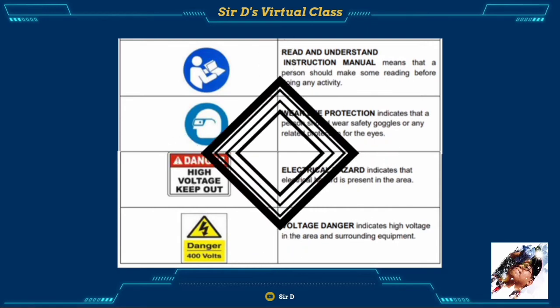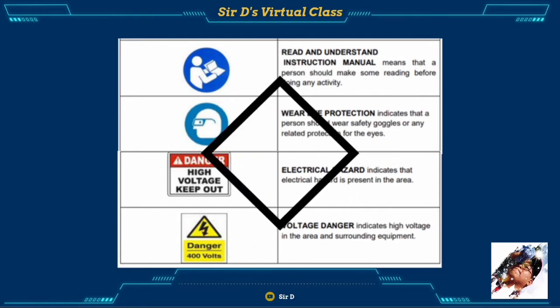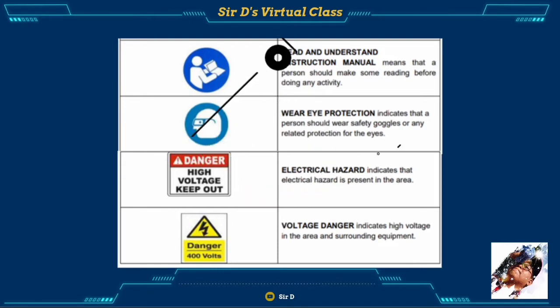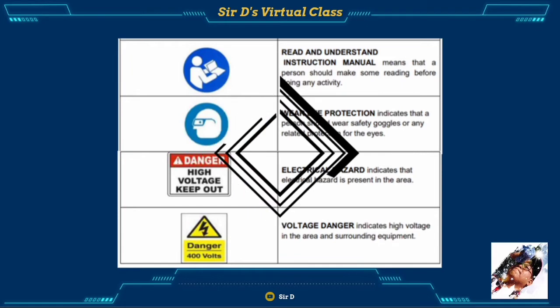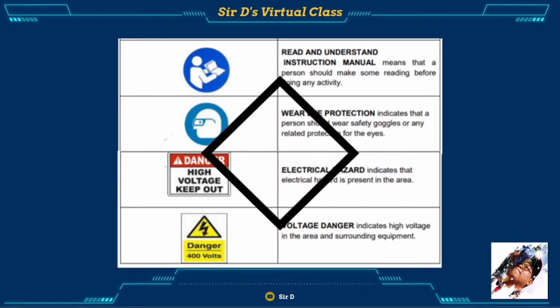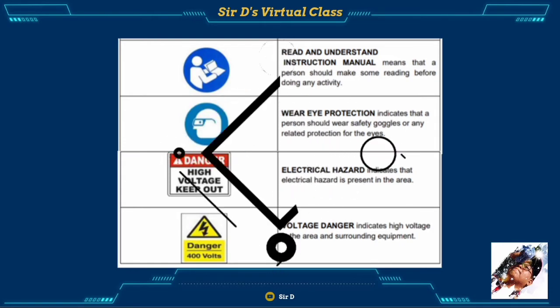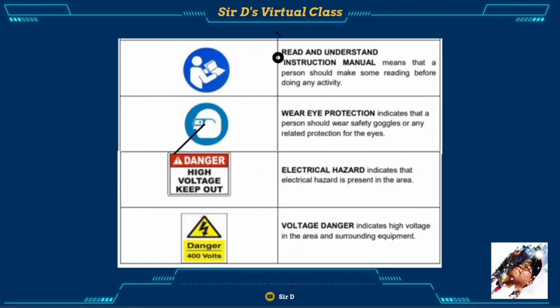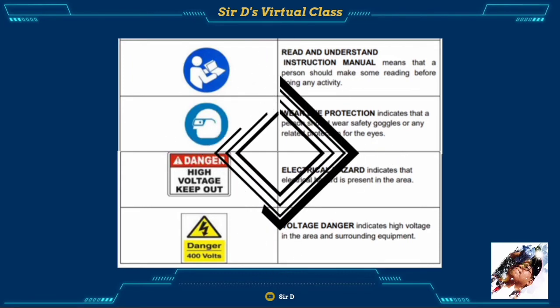And now, we still have some other electrical signs, such as reading and understanding the instructional manual, represented here with this illustration of a person reading a book. It is colored blue. This means that a person should do some reading before doing an activity.